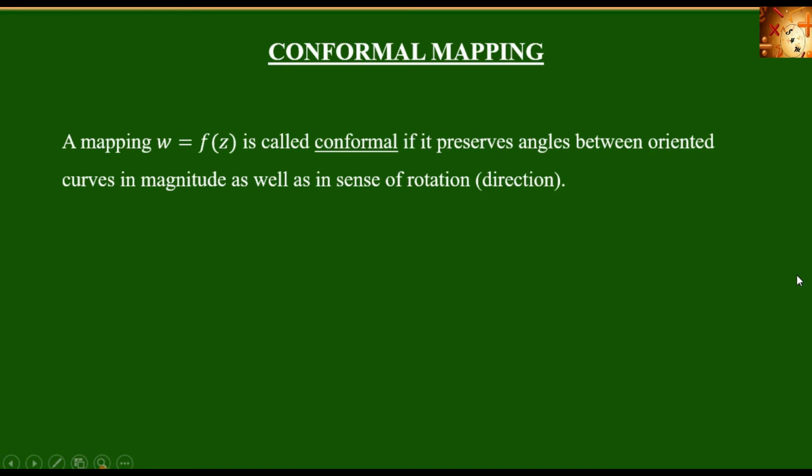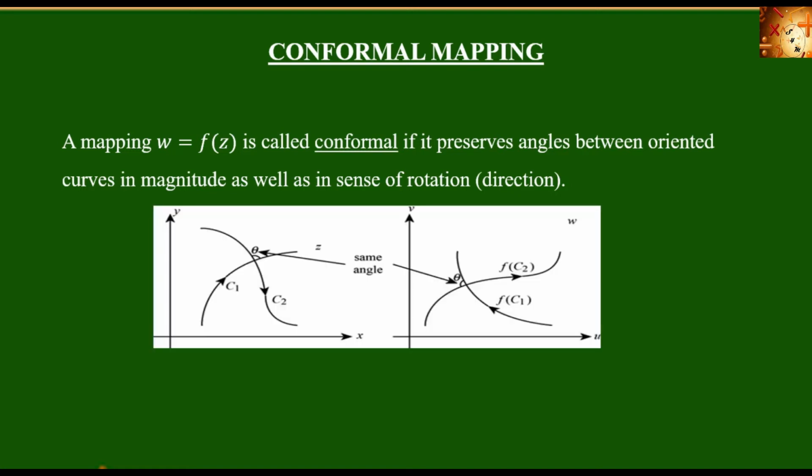A mapping w equal to f of z is called conformal if it preserves angles between oriented curves in magnitude as well as in sense of rotation, which means it preserves angles in magnitude and also in direction. That is, here in the z plane we have two curves C1 and C2 with orientations, and the angle between them is theta.